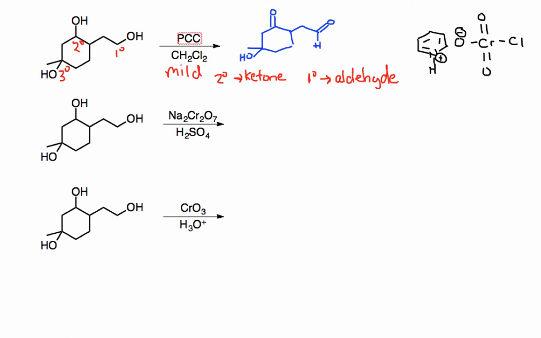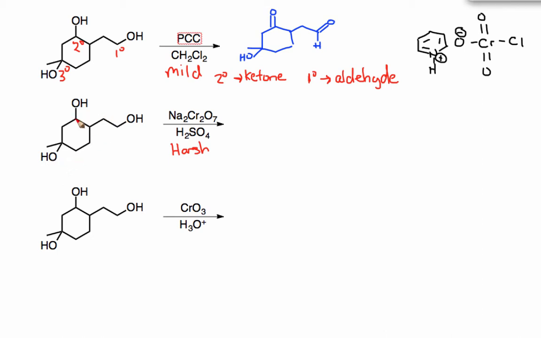Okay, so our next set of conditions involves sodium dichromate and sulfuric acid. So this is a more harsh oxidizing agent. It's still not going to affect our tertiary alcohol.